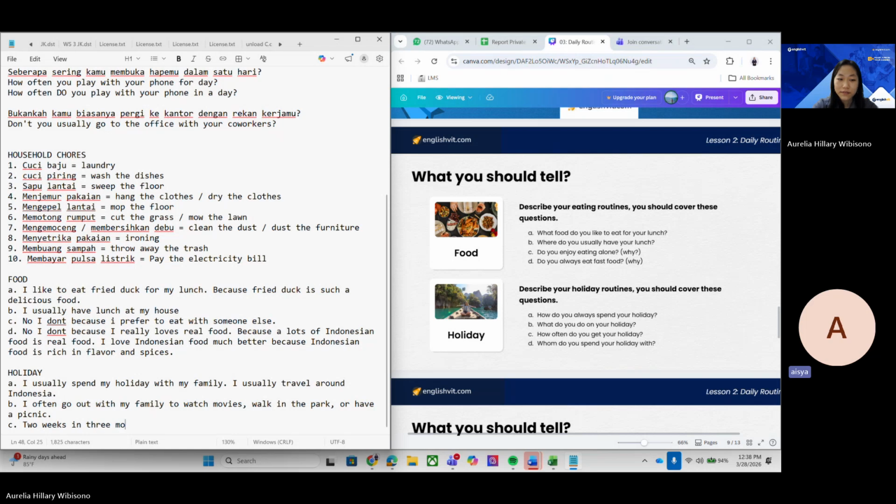Oh, no, a week usually. A week, yeah, after the exams. Oh, okay. So how long is it for one semester? Is that 6 months, 4 months, or 3 months?